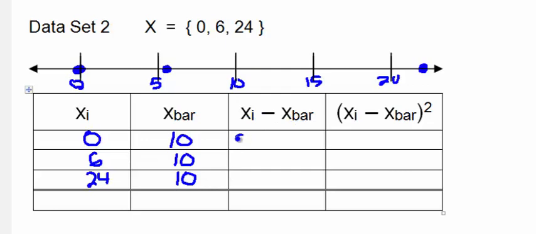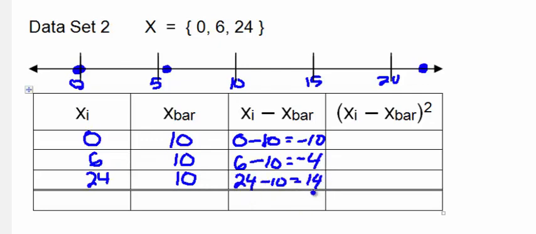So we take our x, 0 minus the mean, 10, and we get negative 10. The next deviation would be 6 minus the mean. That gives us negative 4. And the last deviation is 24 minus 10, which gives us 14. Now if we were to add up these 3 deviations, we would get 0.